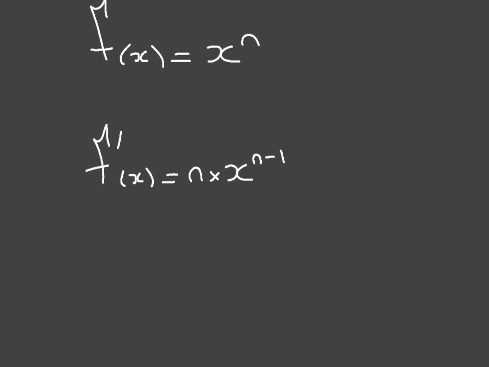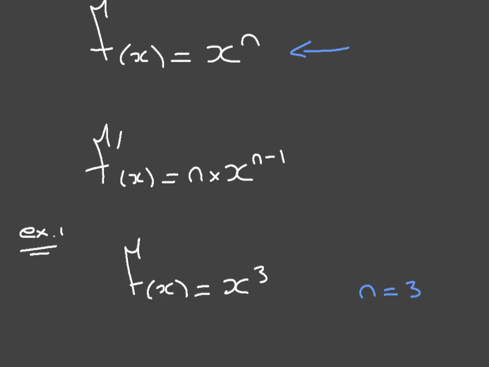Let's say we're given, and I'll just write example 1 here. Let's say we're asked to differentiate f of x is equal to x cubed. Well, now comparing this to the formula we have up here, we can see that n is equal to 3. And so using this formula, the derivative f dash of x has to be equal to n times x to the power of n minus 1.